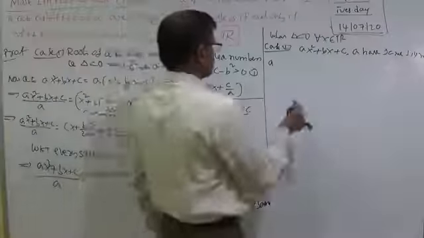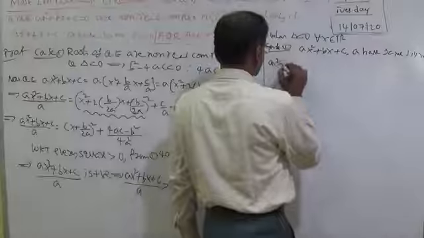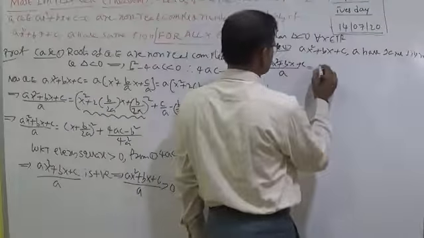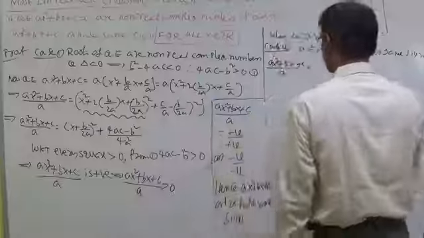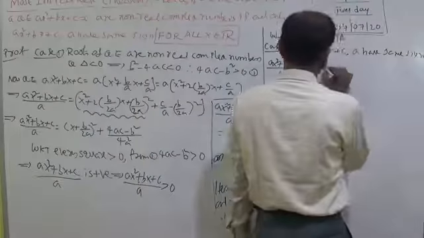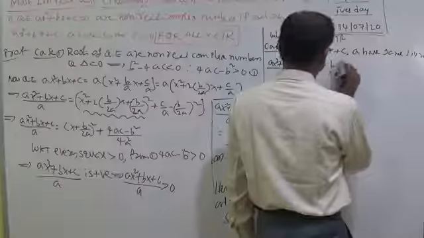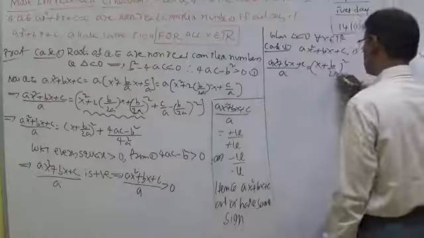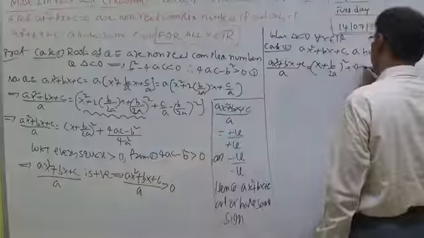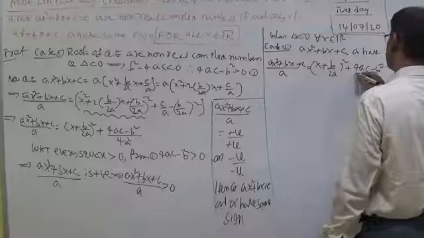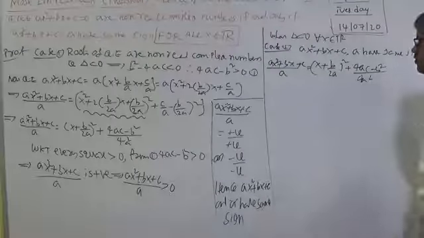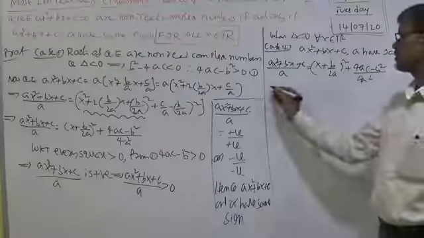Therefore, we can write ax square plus bx plus c by a is equal to x plus b by 2a whole square plus 4ac minus b square by 4a square.